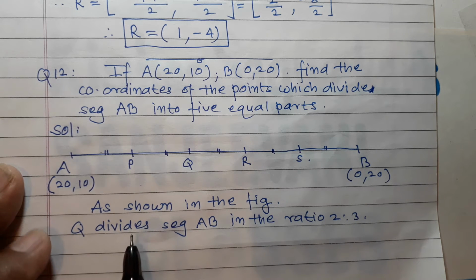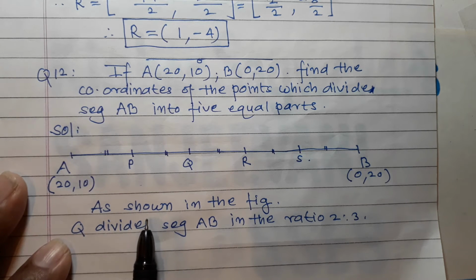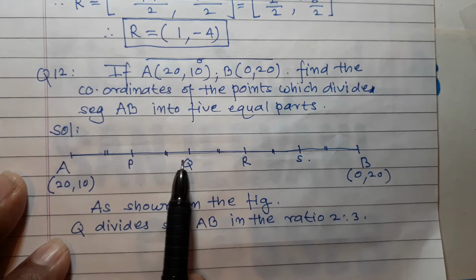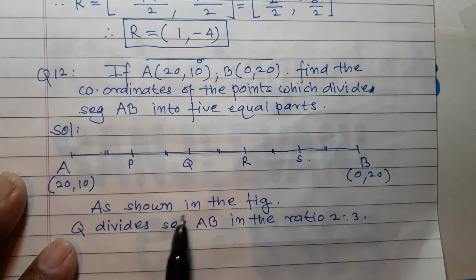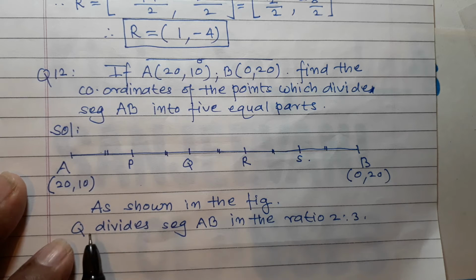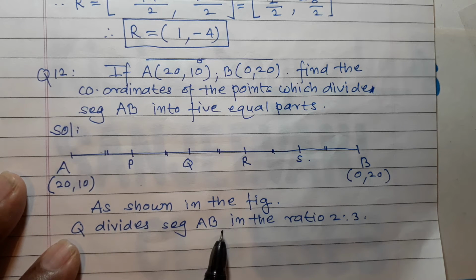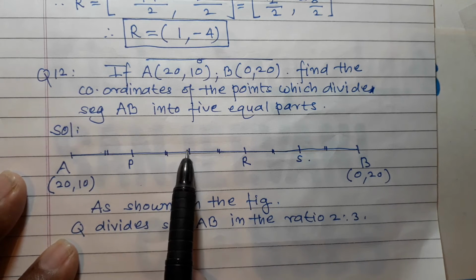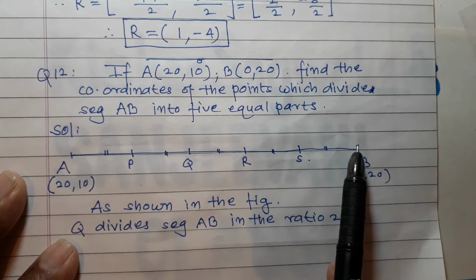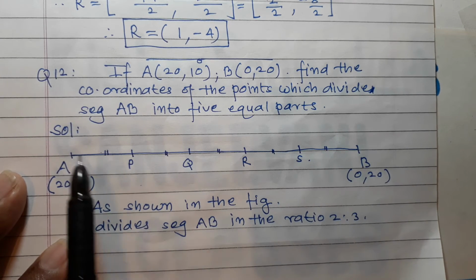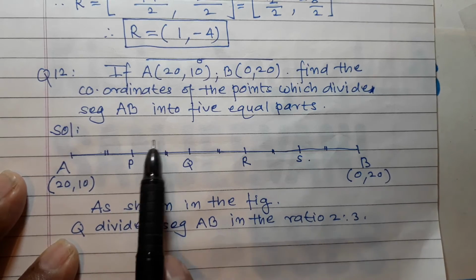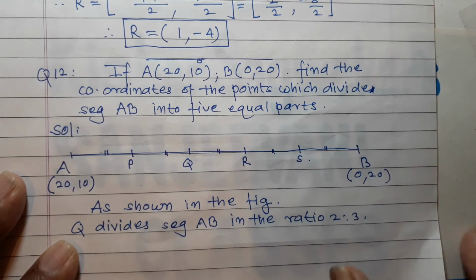Then observe your figure and decide which point you have to find first. As shown in the figure, Q divides seg AB in the ratio 2:3. This part 2, this part 3. So Q divides AB in the ratio 2:3.